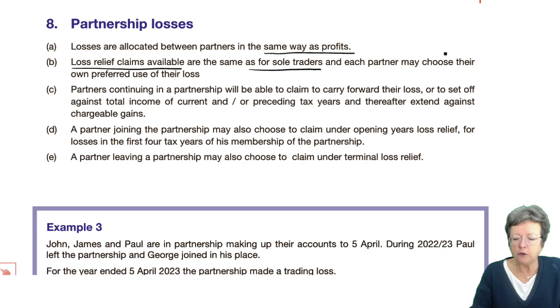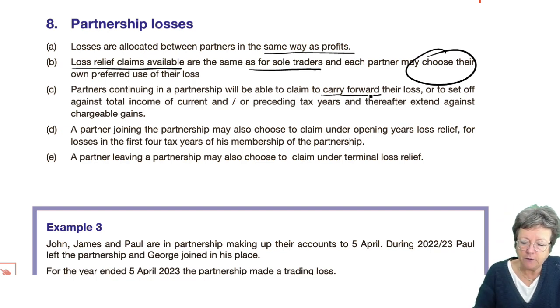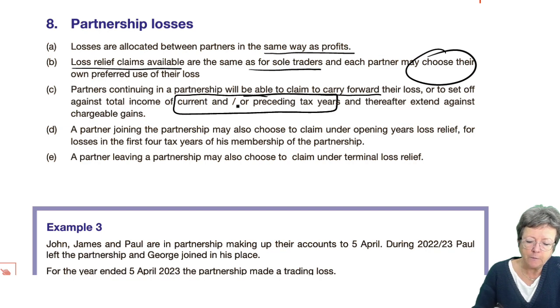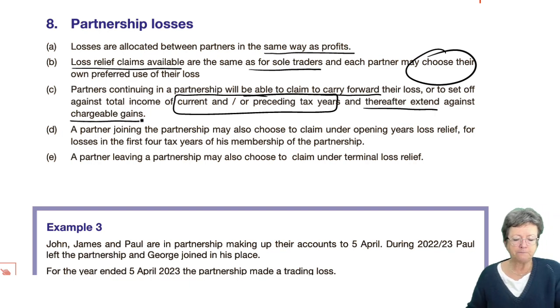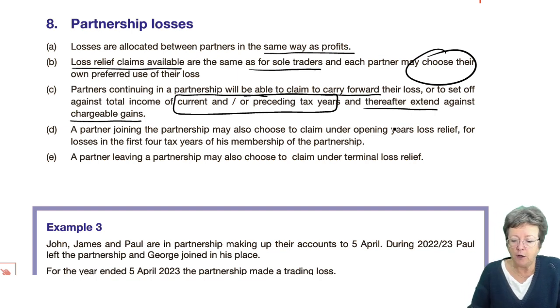Each partner will choose. So you can either carry it forward if they're continuing, or you can do current or previous years, and therefore extend into chargeable gains. And a partner joining a partnership may choose the opening year's loss relief.